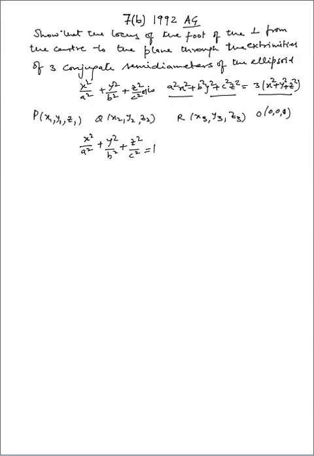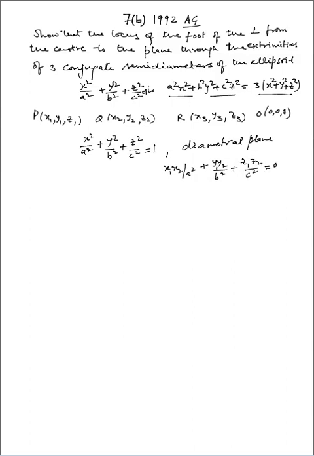And we know that the diametral plane of any one of OP, OQ and OR passes through the extremities of the other two, and therefore we have this expression: x1 x2 upon a square plus y1 y2 upon b square plus z1 z2 upon c square is equal to 0.